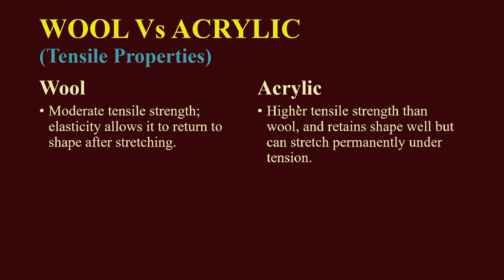So acrylic has higher tensile strength than wool and retains the shape, while in the case of wool it returns to shape after stretching. So this is also the difference with respect to tensile strength and recovery properties of these fibers.